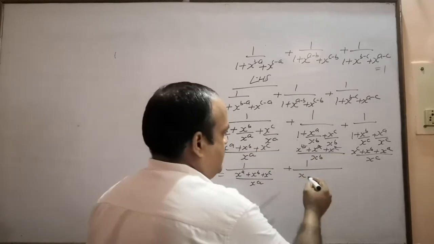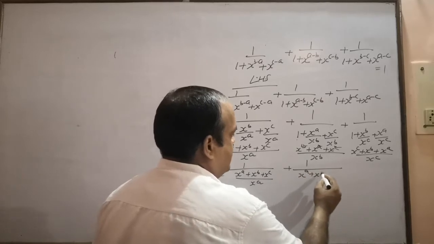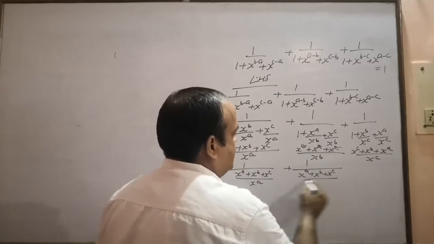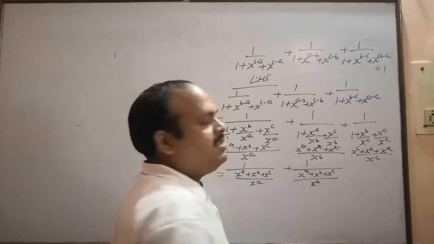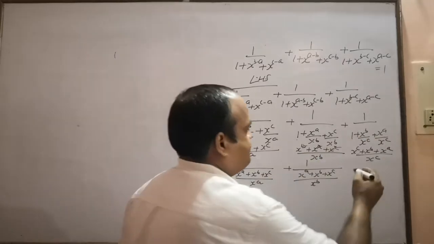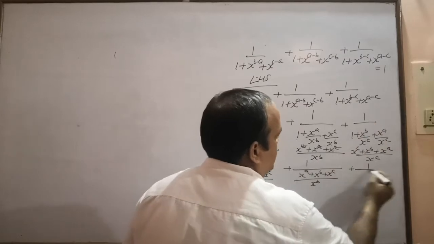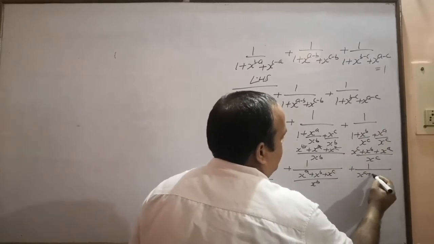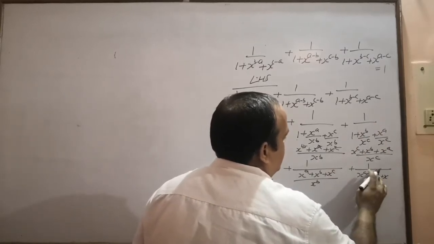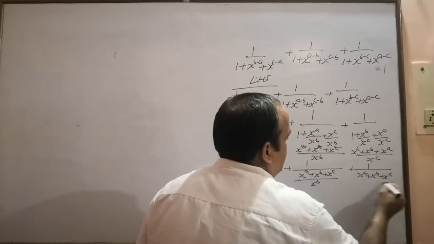Arrange it and write it as x to the power a plus x to the power b plus x to the power c upon x to the power b. The last one, 1 upon x to the power a plus x to the power b plus x to the power c upon.